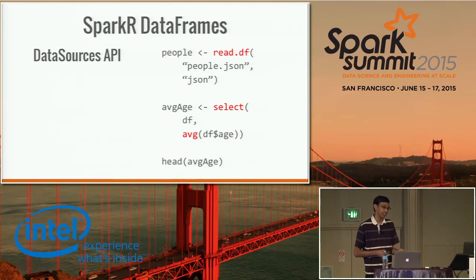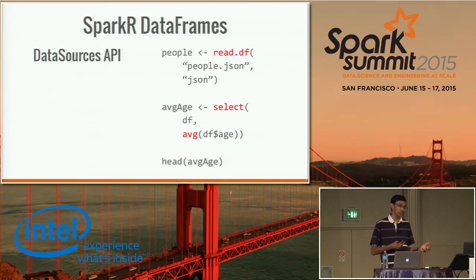So this is the thing that you've been hearing about during the keynotes or the other talks that talk about SparkR. And the SparkR DataFrames actually address both of those concerns very elegantly, in my opinion. So at the very beginning, we have these data sources API, which Patrick and Matej talked about a little bit yesterday. And what they do is they solve the problem of trying to read an input into R from a distributed setting.